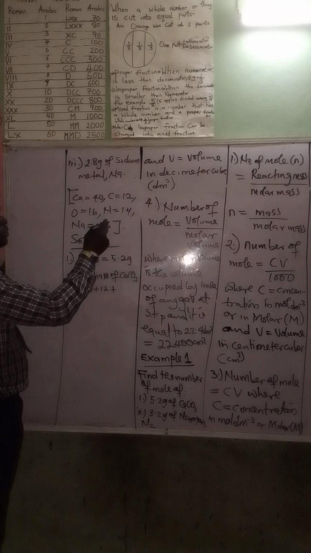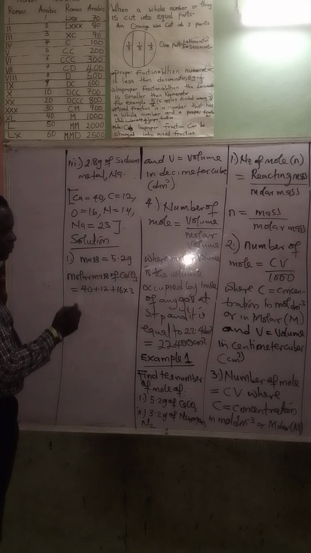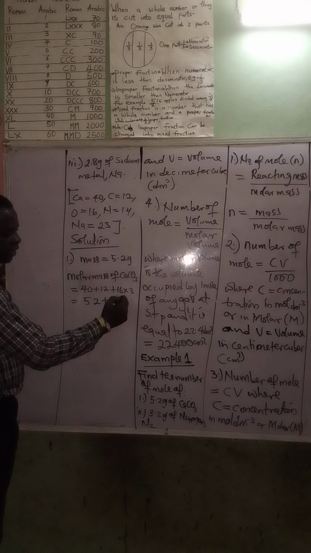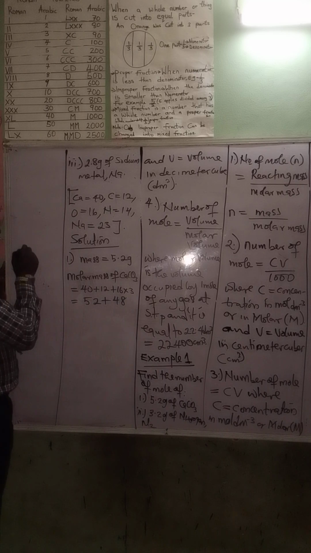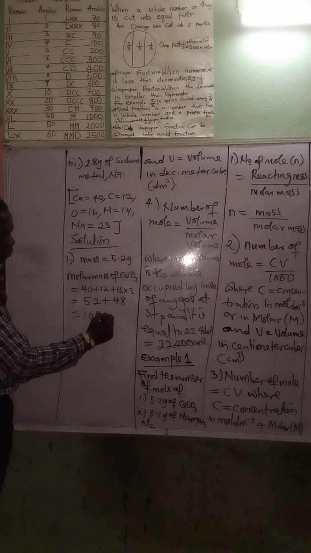Plus oxygen is 16, but we have 3 oxygen atoms. So we have 40 plus 12, that's 52, plus 16 times 3, that's 48. If we add them together, that's 100 gram per mole.